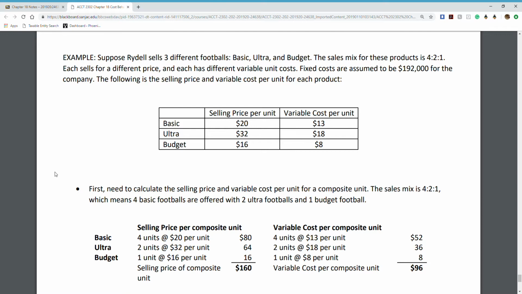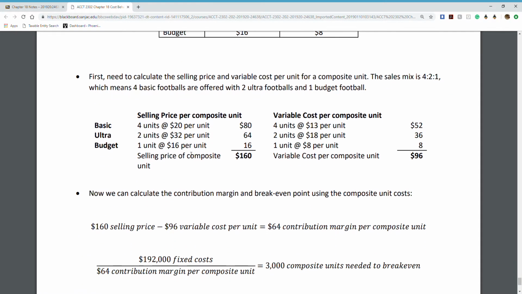So here's where we first create a composite. We're going to take the composite sales price and variable cost using that 4 to 2 to 1. For every 4 basic footballs, they end up selling 2 ultra footballs and 1 budget football. So all we do is take the ratio and multiply it by the sales price and by the variable cost.